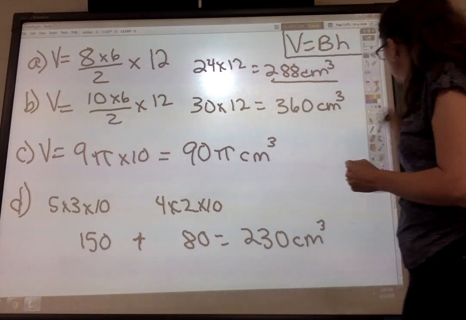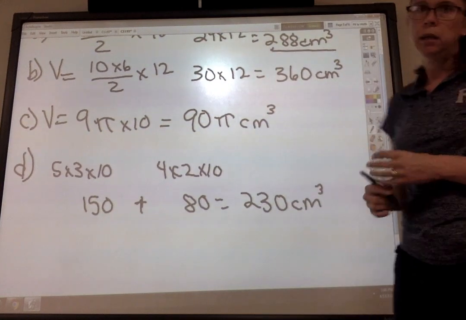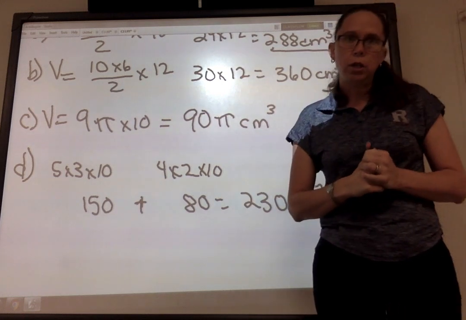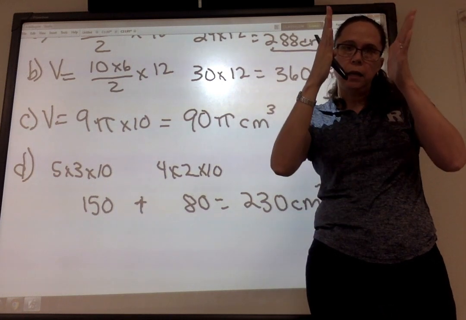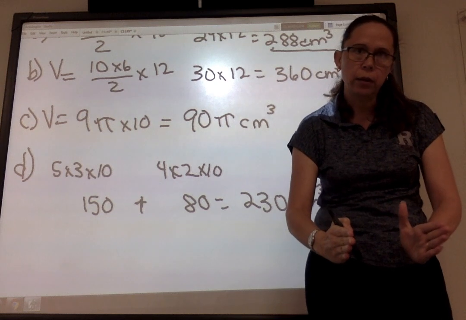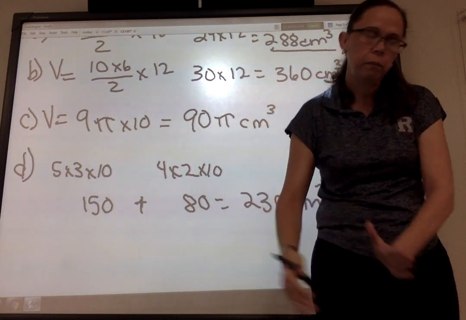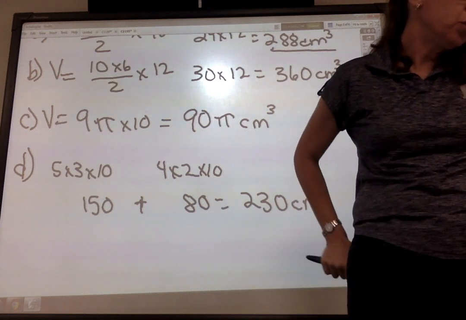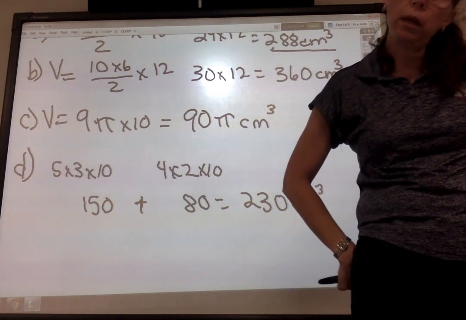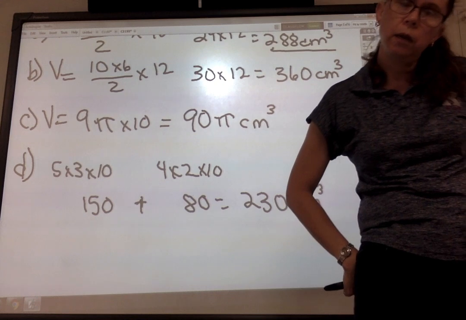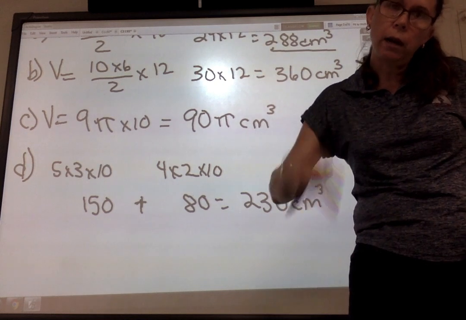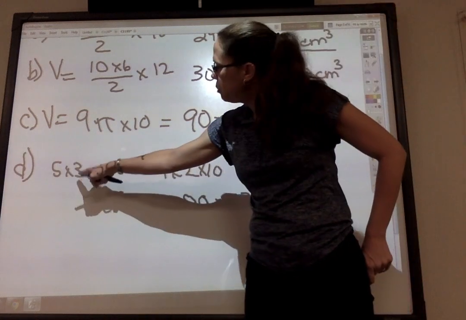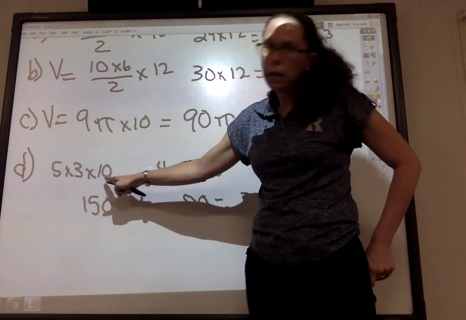D was the tough one. So what I did was I took that shape and I did the tall section all the way down to the ground, and then I did the step. For the tall section, I said that it measured 5 by 3 for the area of the base. 5 tall, 3 wide. So I got 5 by 3, and then a height of 10.